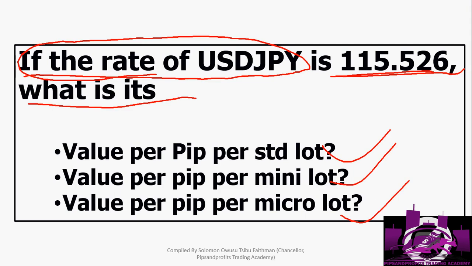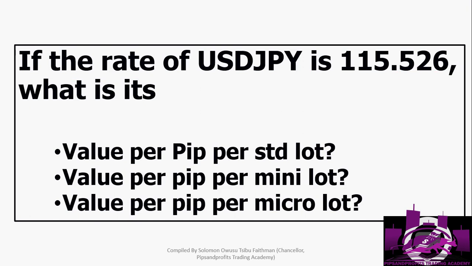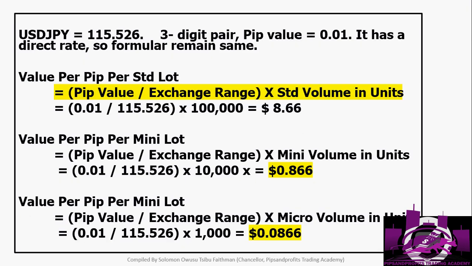When you try it on your own, you compare it with the answer that I am going to show over here. I'm not going to take you through the answer because we have done that already. So this is going to be the answer. Okay, try and see if you are going to get the same answer as the ones that we are having over here. Now let's conclude on the indirect rate.